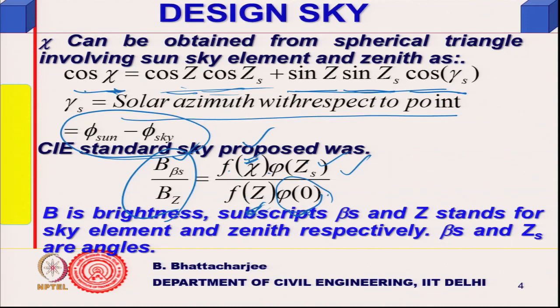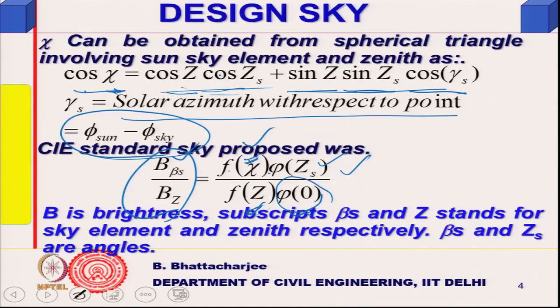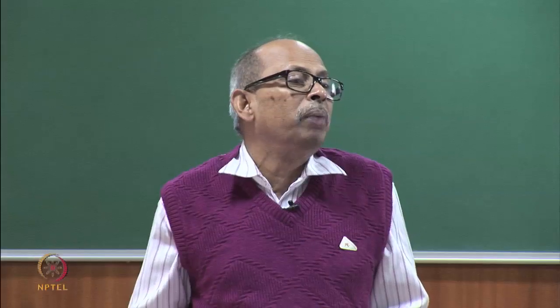And this value is phi ZS. How is phi related? Phi ZS is 1 plus a to the power b. So, only this term is there, because it is not varying with the azimuth. This term is 0, this term is 0, and a is equal to 4 and b is equal to minus 0.7.